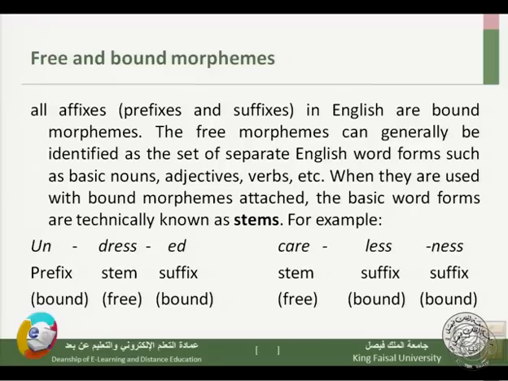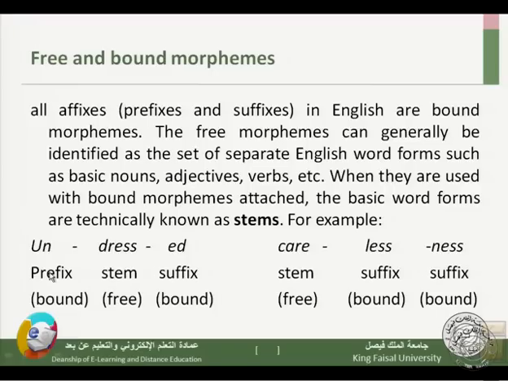For example, undressed. If you look at this example, as you can see, the original part of this word is the word dress, and that's identified as the free morpheme, and it is called the stem.